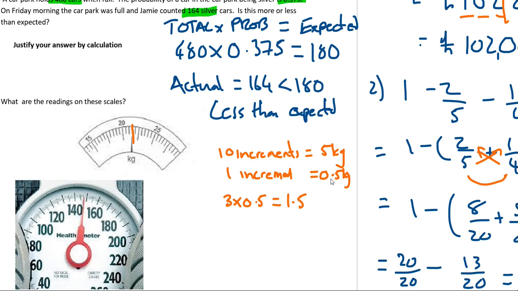And if I add that to the original 20, I'm pointing to 21.5 kilograms. And we can just check that. We could say if that's 20, that's 20.5, 21, 21.5, 22, 22.5, 23, 23.5, 24, 24.5, and then 25. So you just double check that your increment makes sense as well. Next one.